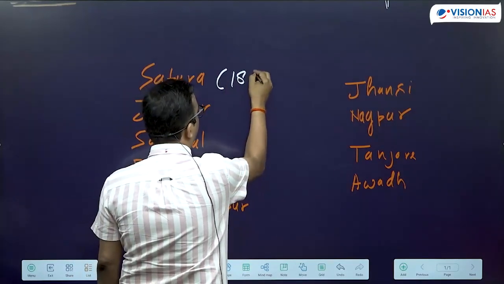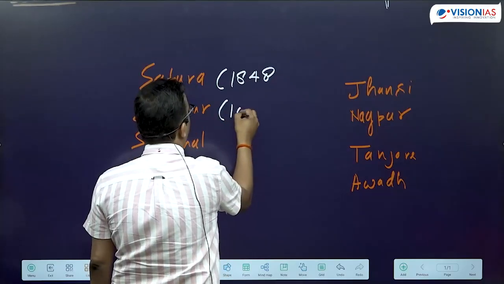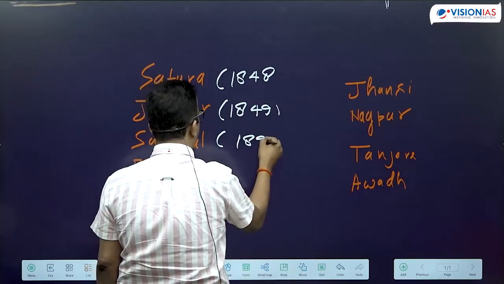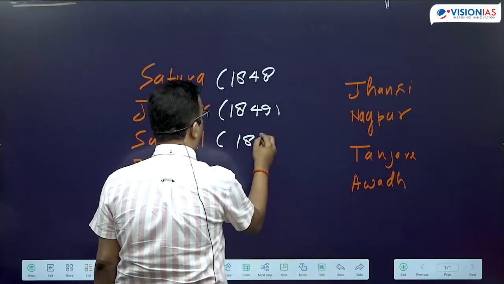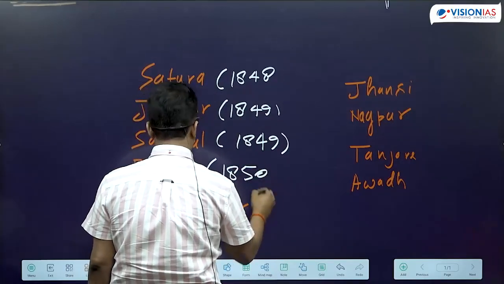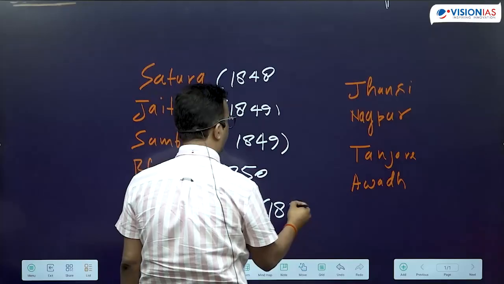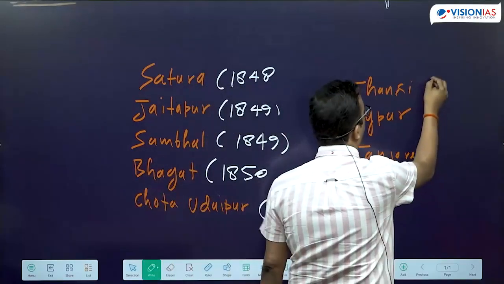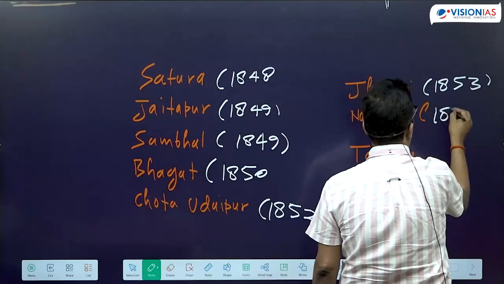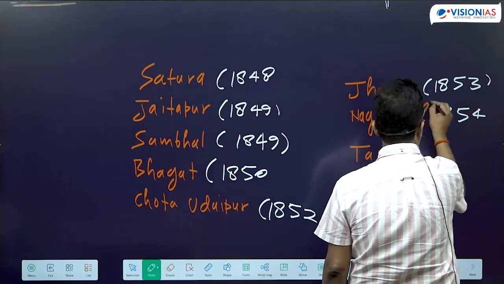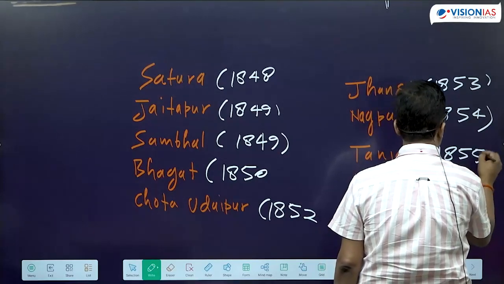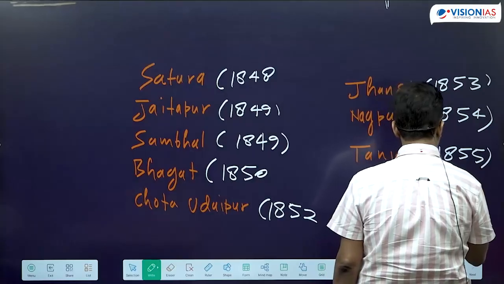So this is 1848, 1849, 1849, 50, 52, 1853, 54, 55, 56.